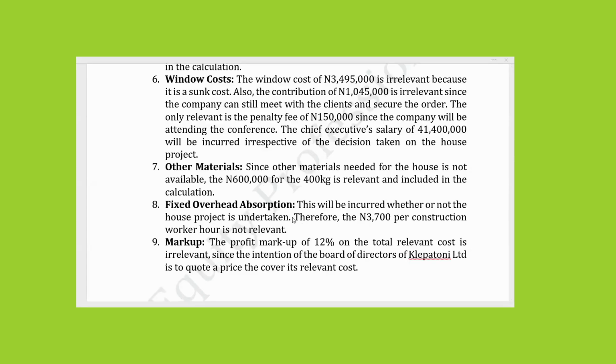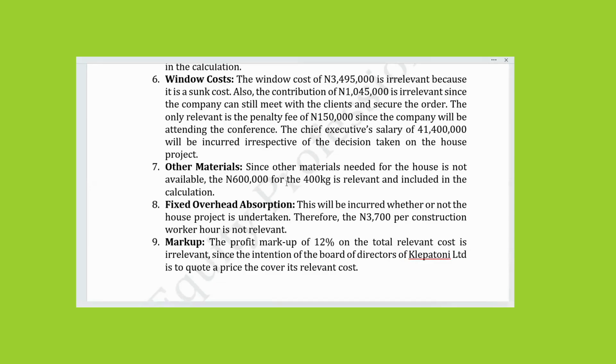Yes, Cynthia, what's your question? Number 7, other materials. Actually that's 400 kg. If I sit in the exam, I might end up multiplying it with the available material, the 600. Sir, please, can you explain more?